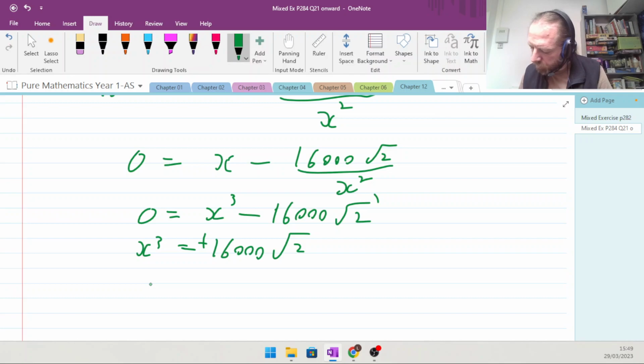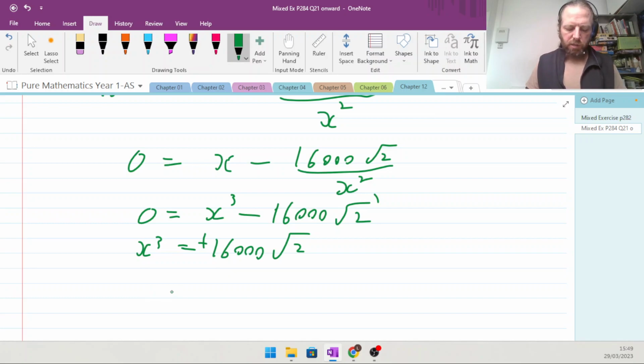And so the cubed root of that, let's see now, cubed root of 160 is 25 times root 2. Okay, so we are looking for the cubed root of that.